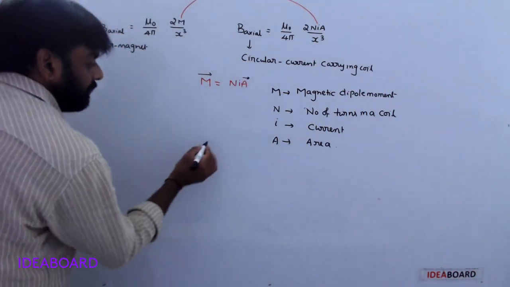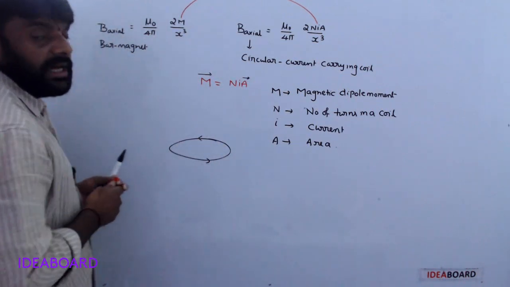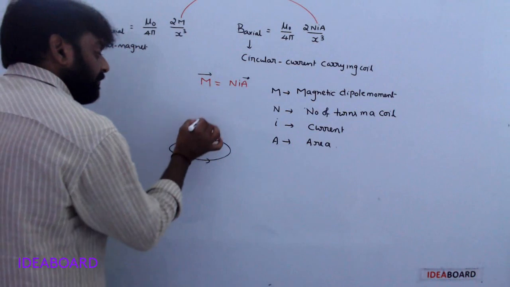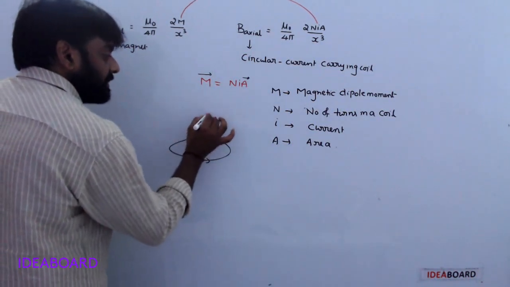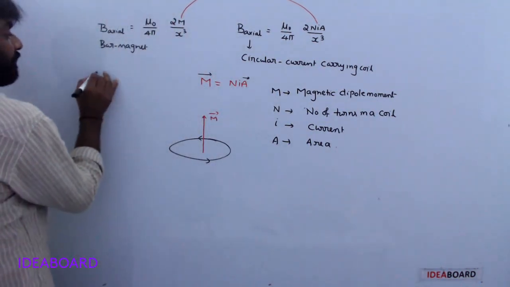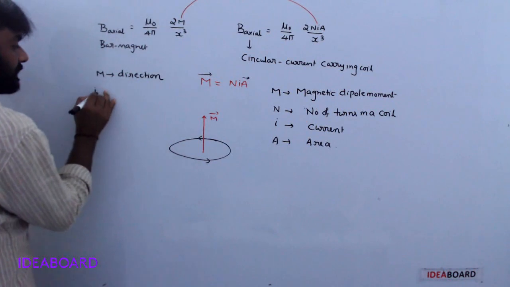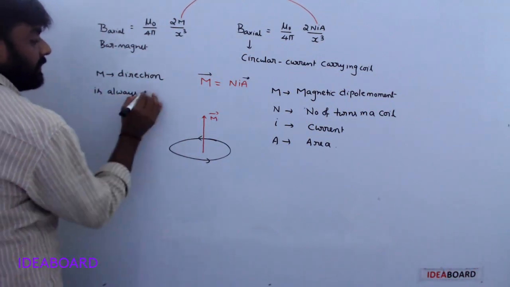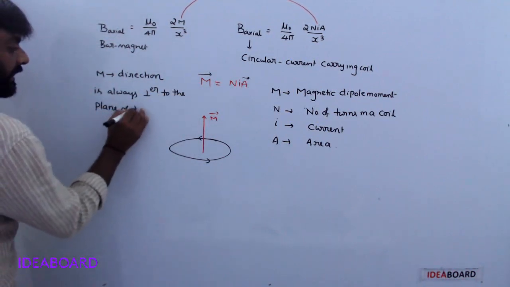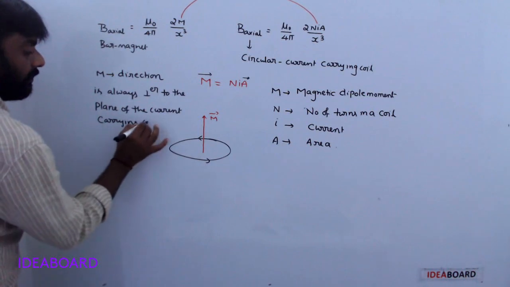For example, take a current carrying loop with the current direction like this. The magnetic dipole moment is always normal, or perpendicular, to the plane of the current carrying coil.